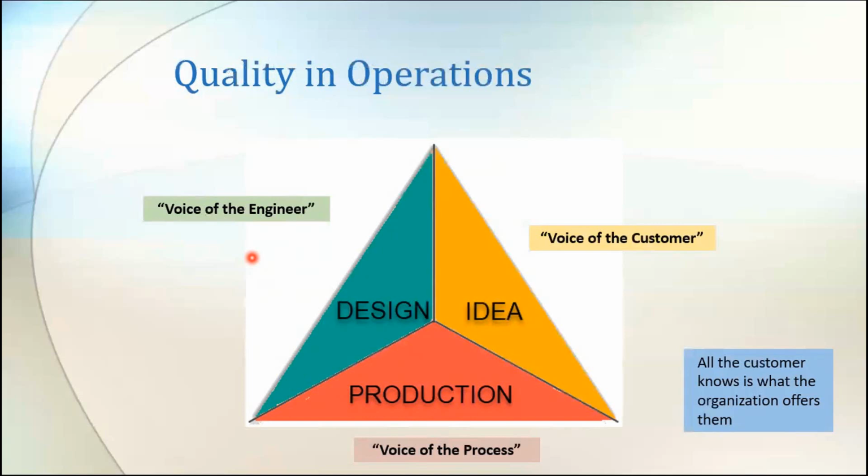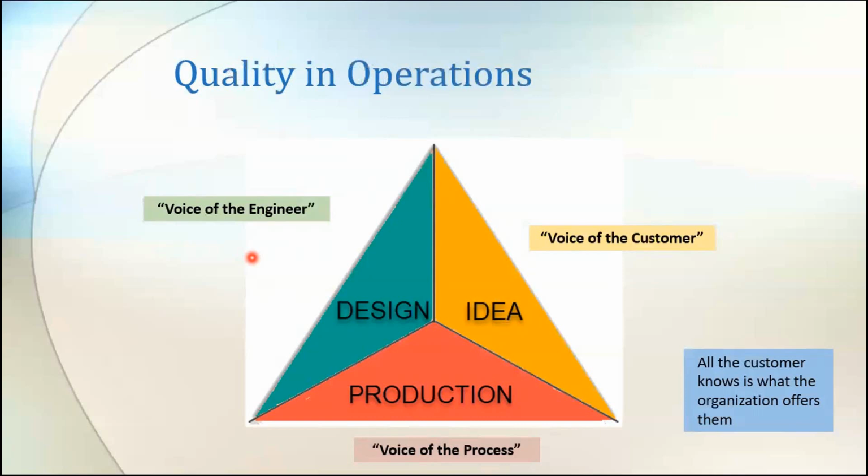As you're going to see with QFD, you need to optimize how the idea relates to the design, and how the design relates to the production of the product, and how the production relates to what the customer is going to receive. That's very important. In many cases, I've seen where organizations will maximize the parts without understanding the interactions. Like, for instance, let's say you create a design of something that's very hard to produce, but you produce it anyway with a high cost.